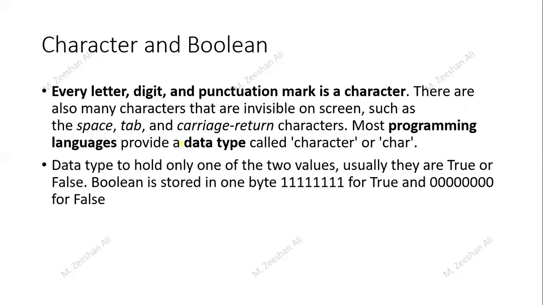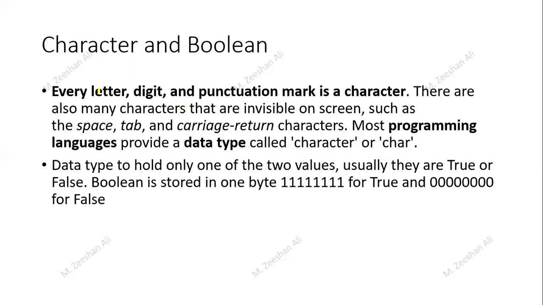And if I store the word present, at least 7 bytes of memory will be consumed. But if I declare it as a char, it will store only one character. P is good enough and it will take only 1 byte.